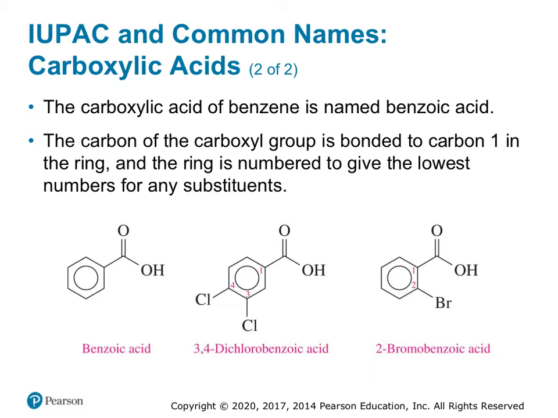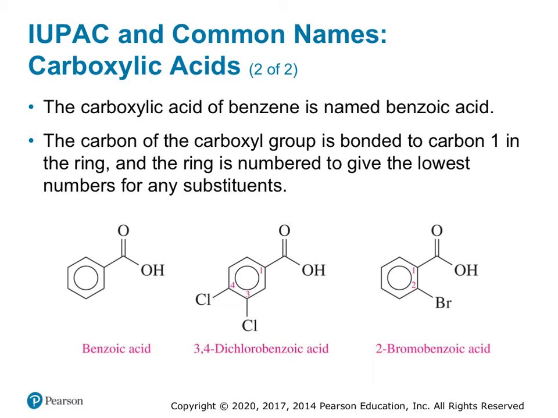If we have a benzene ring, that aromatic ring, then we call that benzoic acid, and then we number the carbon where the carboxyl group is bonded as carbon number 1, and then number any substituent groups.